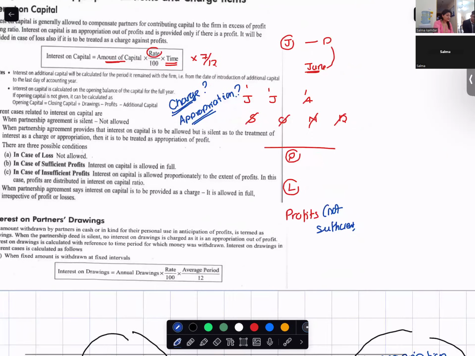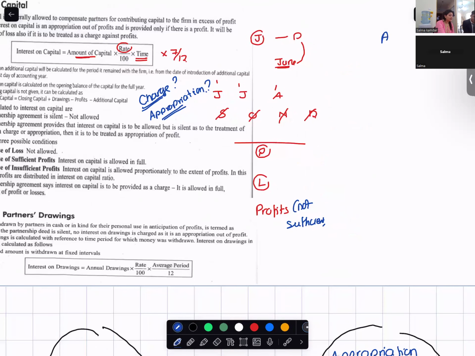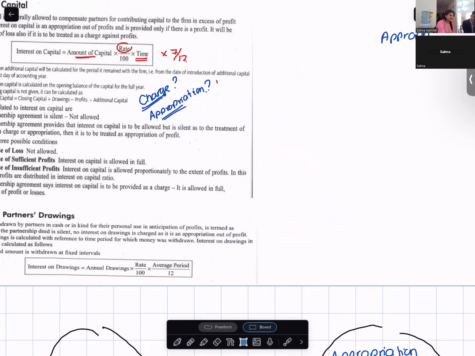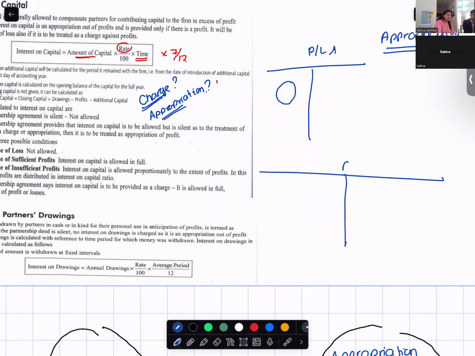So interest on capital is an appropriation of profits, and it will come in the profit and loss appropriation account, and it will come on the credit side of the partner's capital account or current account.